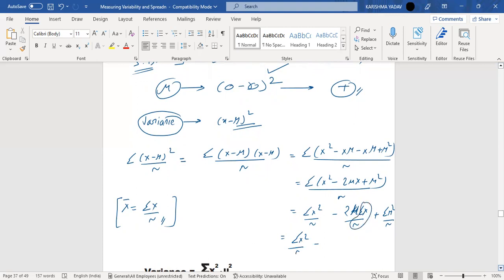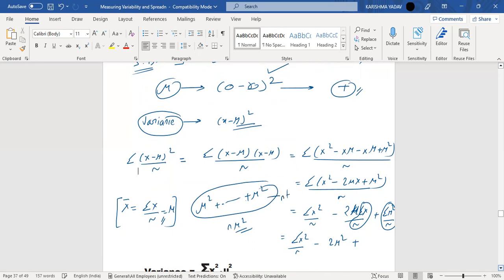What is sigma x by n? That is also mu. Okay, this is equal to mu. Now this will be minus 2 of mu square, plus sigma mu square divided by n. Okay, so if we are adding mu square n times, then that will be n mu square, right?